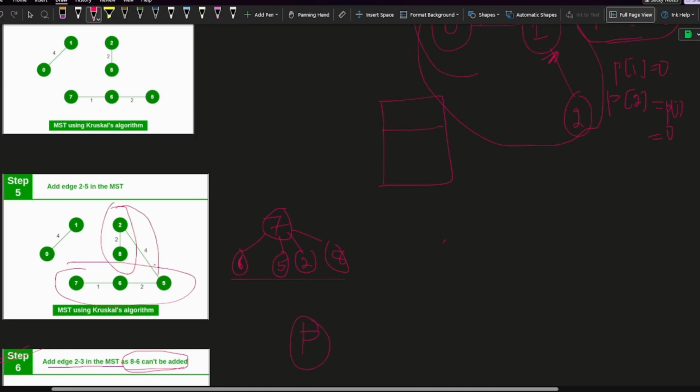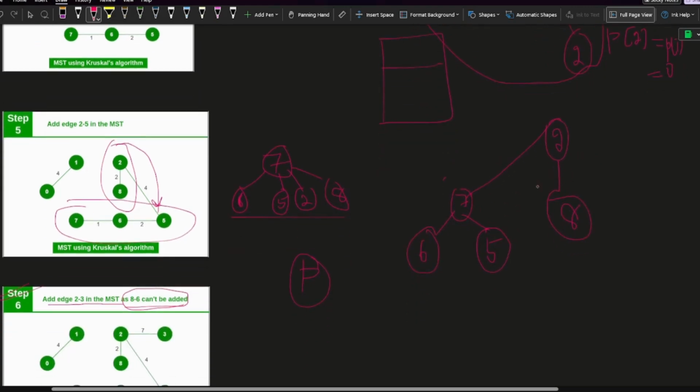When I connect these two, let's say initially 7 was owning 6 and 5, and 2 was owning 8. So what happens here is 2's parent now happens to be 7. They're connected in this sort of way.